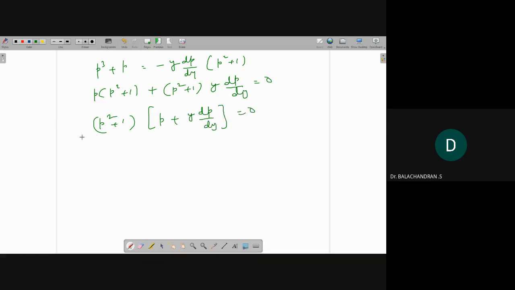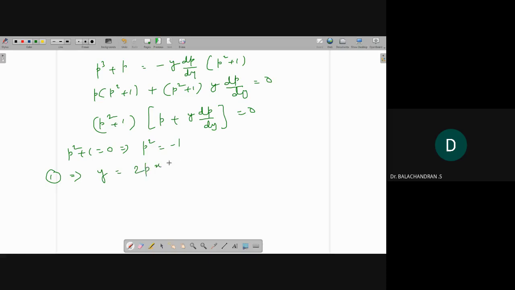So from this p square plus 1 equal to 0, this implies p square equal to minus 1. So what is the singular solution? The given equation is y equal to 2px plus p square y.